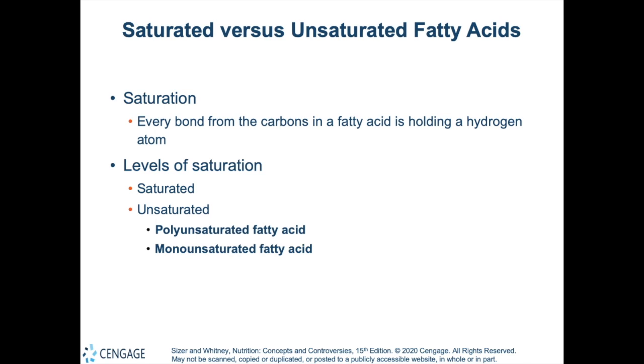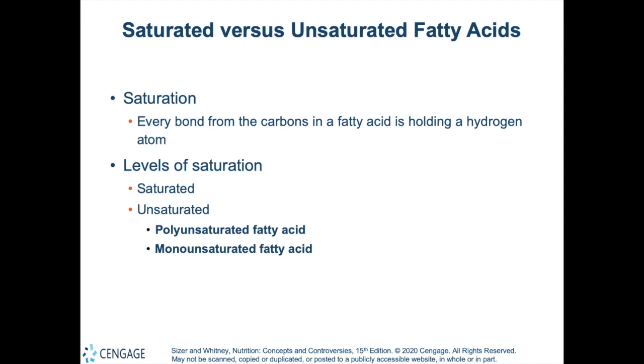When a carbon-to-carbon bond is saturated, this means that the two open sides to the carbon are each bound to a hydrogen atom. In other words, saturation refers to whether or not a fatty acid chain is holding all of the hydrogen atoms it can hold, i.e. at capacity.